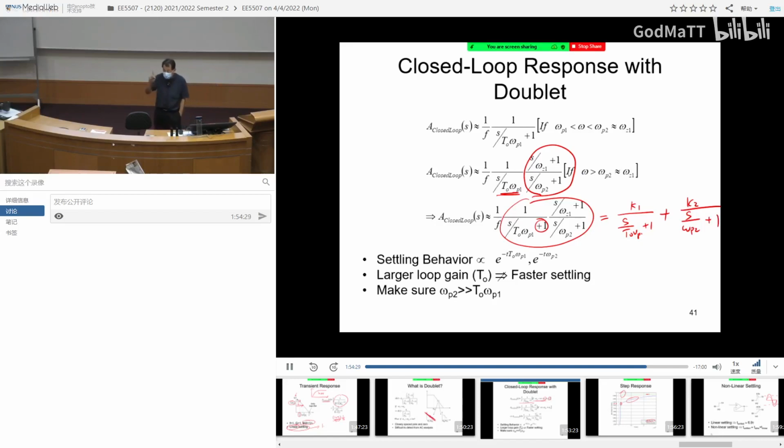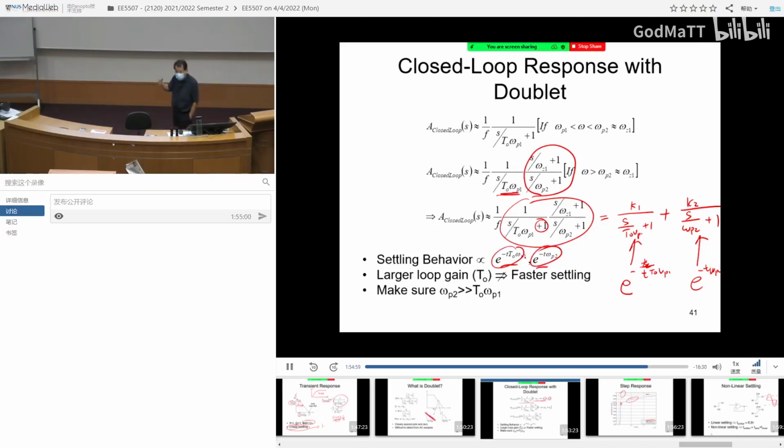So you actually have two settling behaviors, one from this term and another from this term. This one allows you to settle according to exponential minus t T0 omega P1, and this one allows you to settle according to exponential minus t omega P2. So with this system, you actually have two settling behaviors.